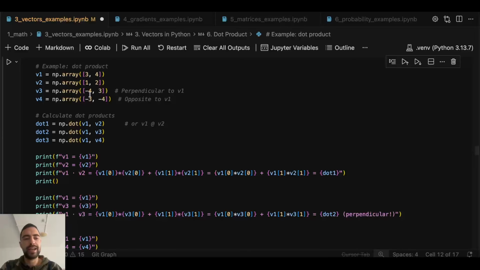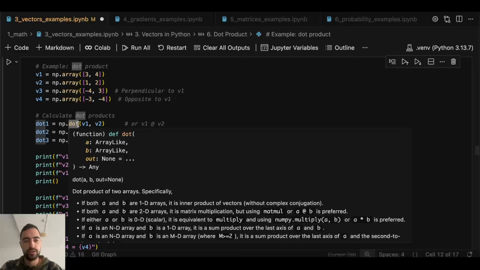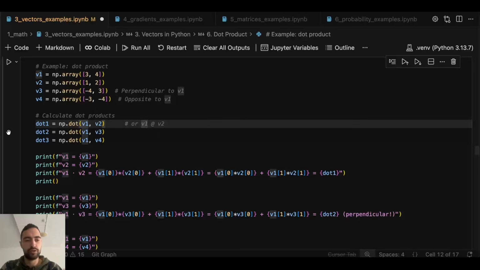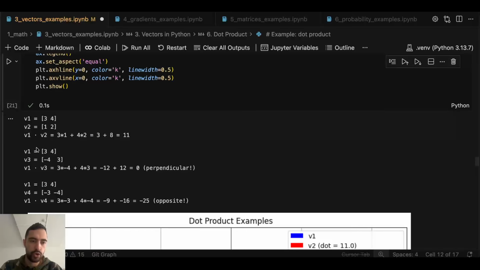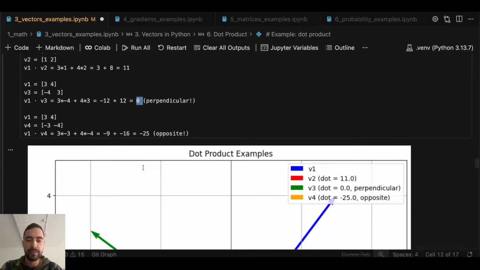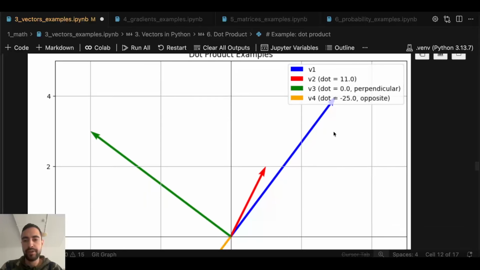In Python, we can calculate the dot product by just calling np.dot of v1, v2, vector 1, vector 2. So vectors v1 and v2 that we calculated manually have a dot product of 11. Now these two vectors, 3, 4 and -4, 3, have a dot product of 0, which means they are perpendicular. So for v1 and v3, you can see that the angle between them is 90 degrees, so they are perpendicular and the dot product will be 0.